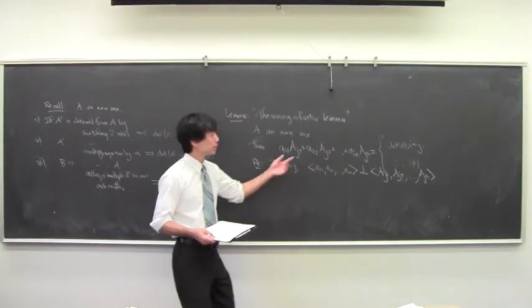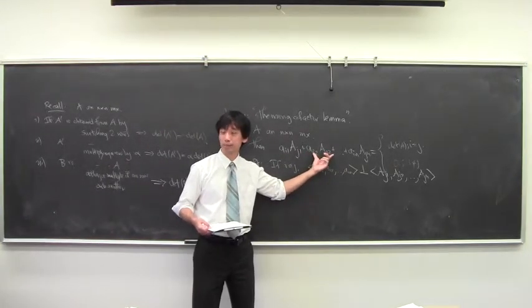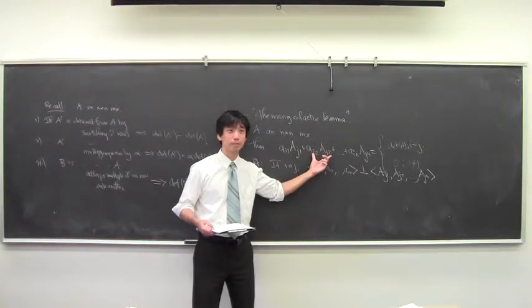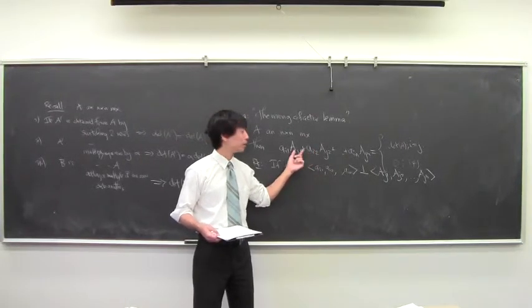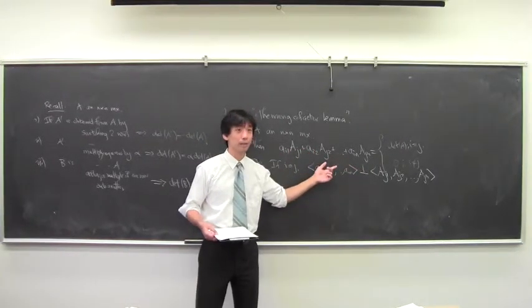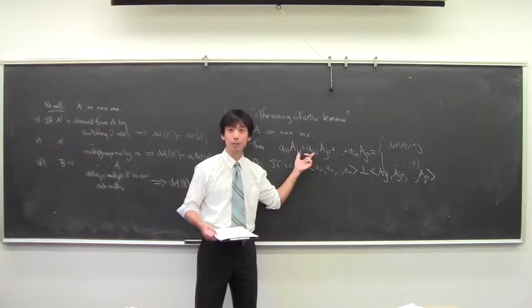Right? Because you see that this thing here is a dot product, the dot product of this thing against that thing. So if it's equal to 0, that means that they're perpendicular to each other.